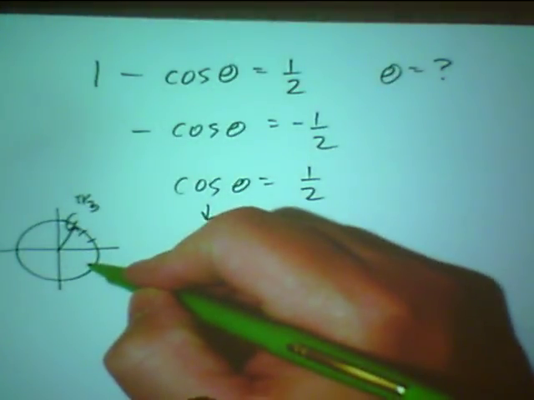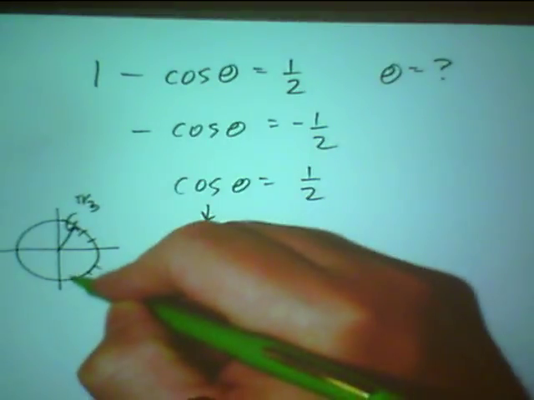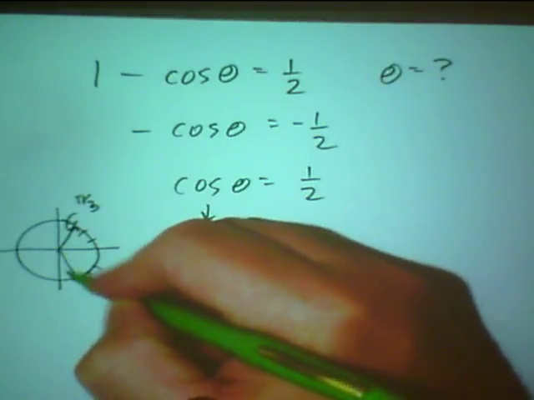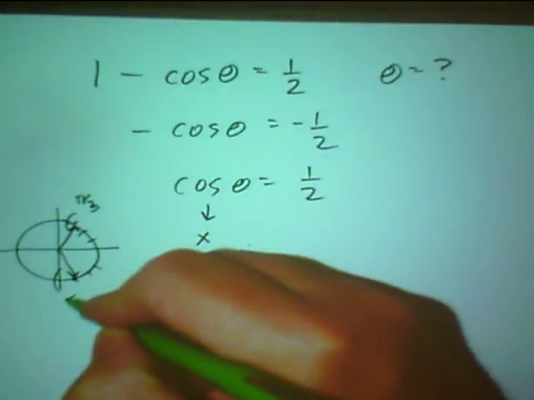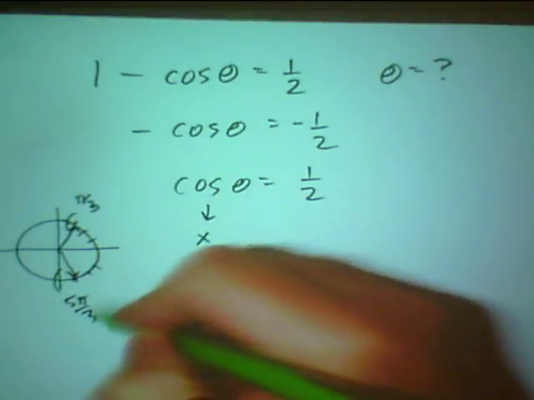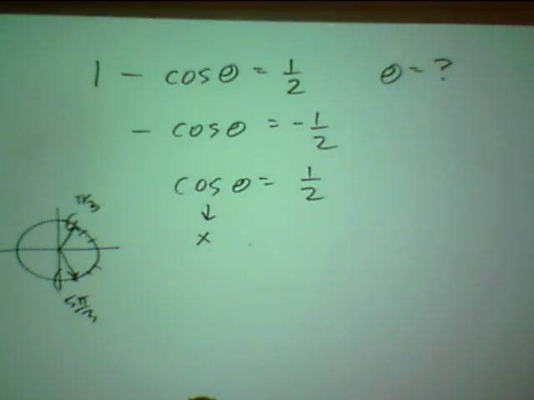However, when I get back to quadrant 4, I know that this point down here, that angle, 5 pi over 3, the cosine of 5 pi over 3, the x coordinate is also 1/2, so that's also a solution. So on the unit circle, I have 2 possible solutions.